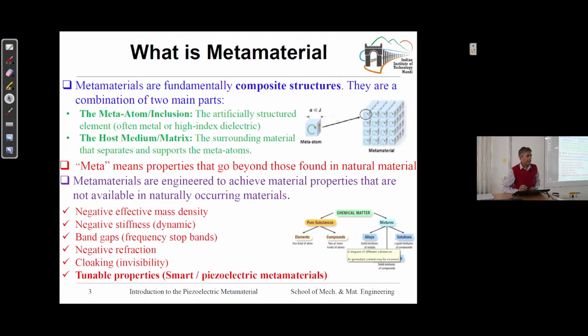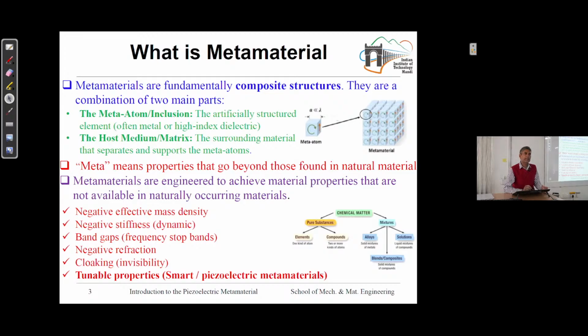metamaterial. Examples of unusual properties are negative effective mass density. Suppose we want a negative density. Actually, density cannot be negative. If you have a material, you must have some density, but this can be possible in the case of a metamaterial. Similarly, negative stiffness, we cannot have in usual or natural materials, but we can have this in metamaterials.